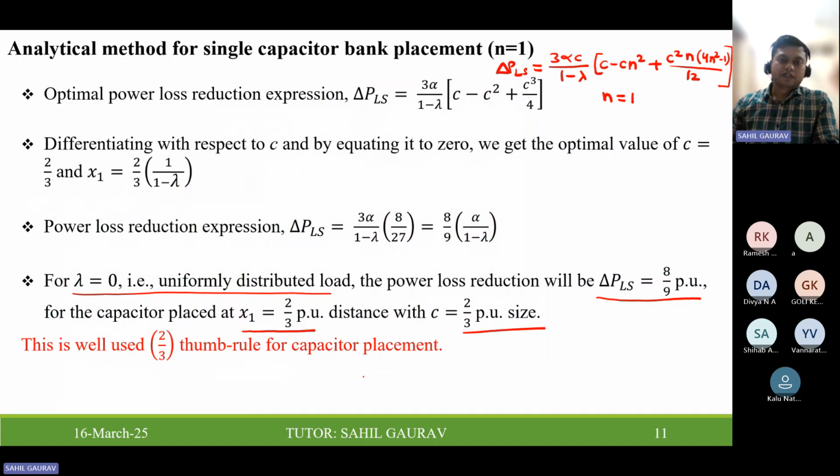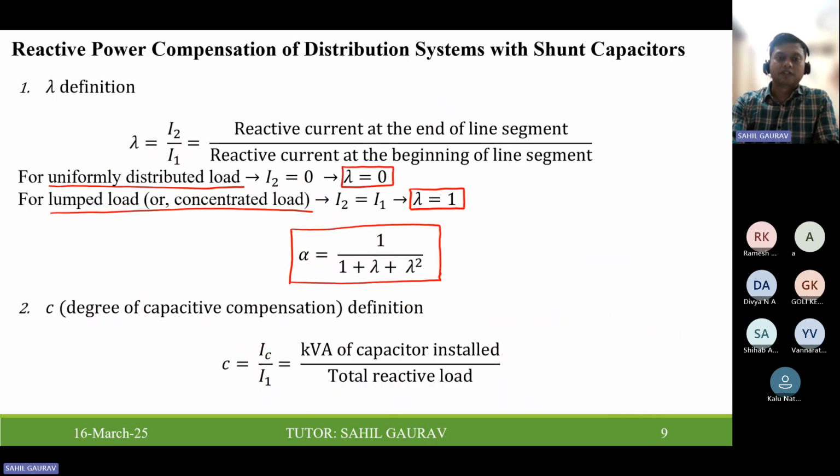For distance, if your feeder length is 4 kilometer, then your distance is 2/3 of 4 kilometer, like that. But for capacitor size, it should be based on the amount of reactive power demand from the load, like the total reactive load. Suppose your reactive load is 8 kVAR.